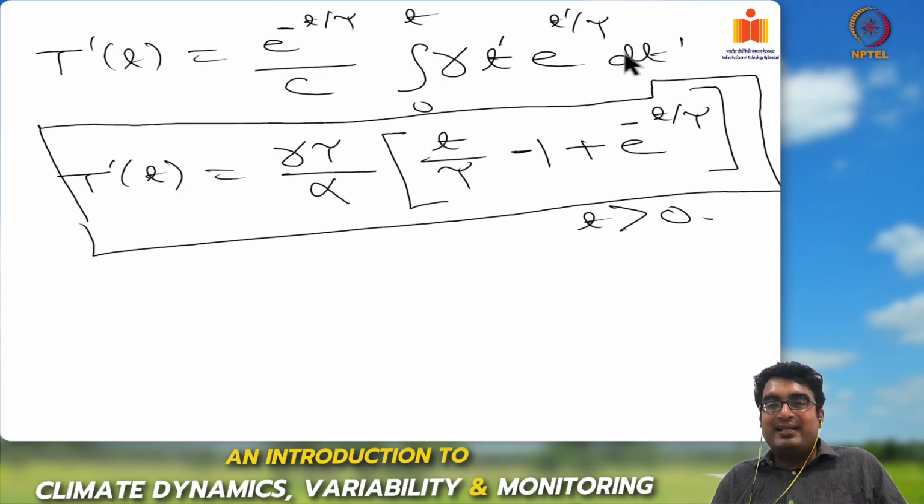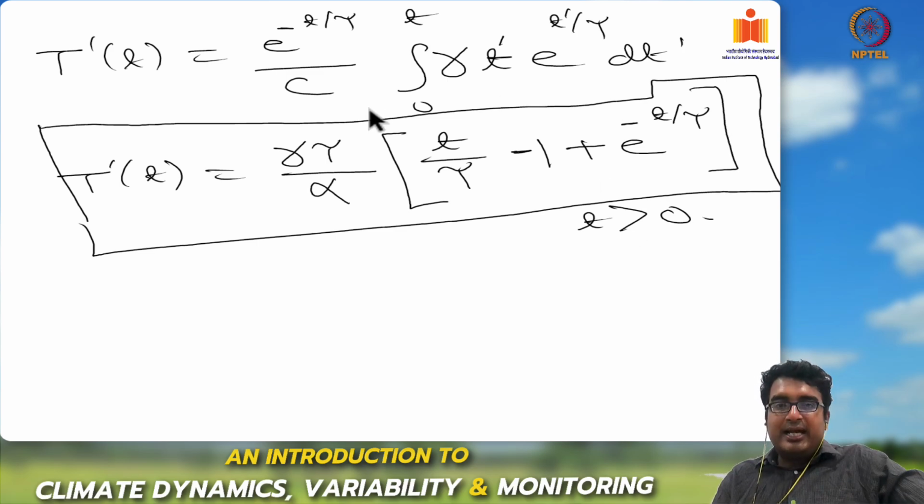If we do a by-parts integration, the final expression is gamma, the slope of the radiative forcing term, times the relaxation time tau by the climate feedback parameter alpha, times t by tau minus 1 plus e to the power minus t by tau, for t greater than 0, of course.